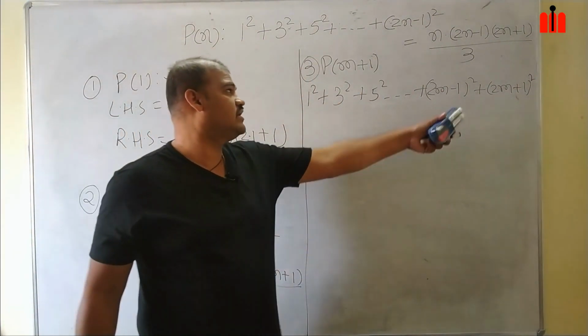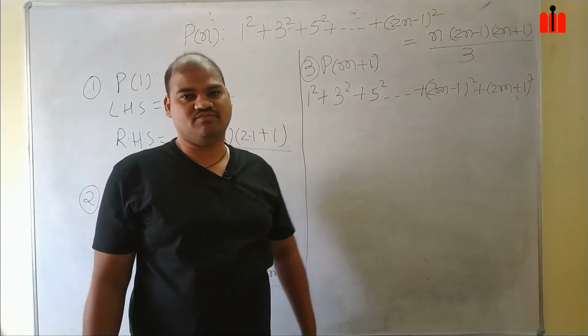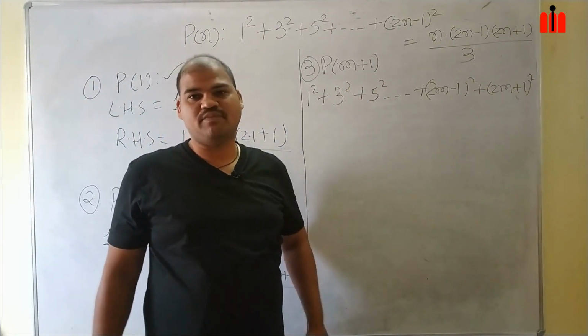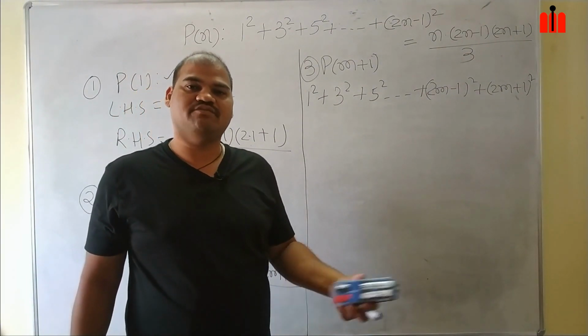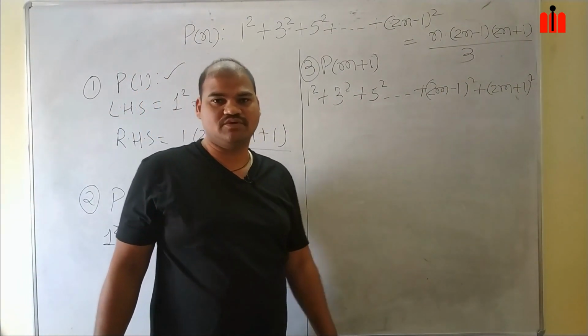What I have done is replaced n with m plus 1. Once I replace n with m plus 1, 2n minus 1 becomes 2m plus 2 minus 1, which is 2m plus 1, so 2m plus 1 whole square.